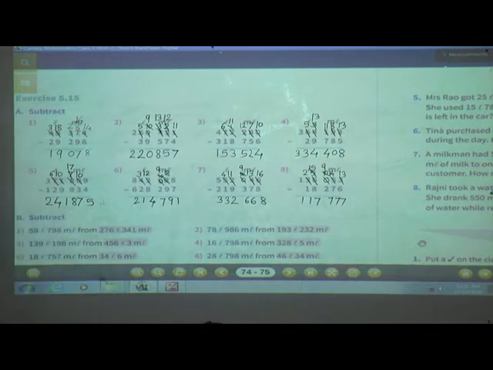So what is the answer? 117 liter 777 milliliter. Understood how to solve or how to do the subtraction? Okay, so in this way we have completed exercise 5.15.